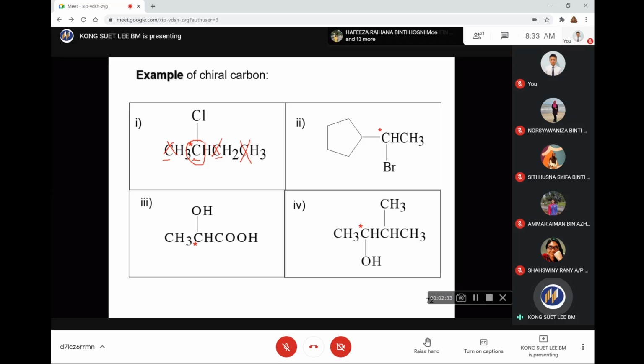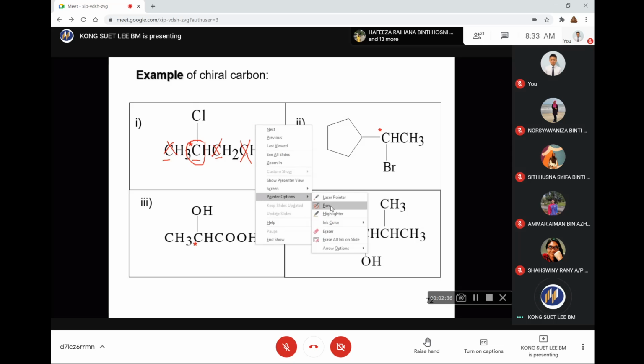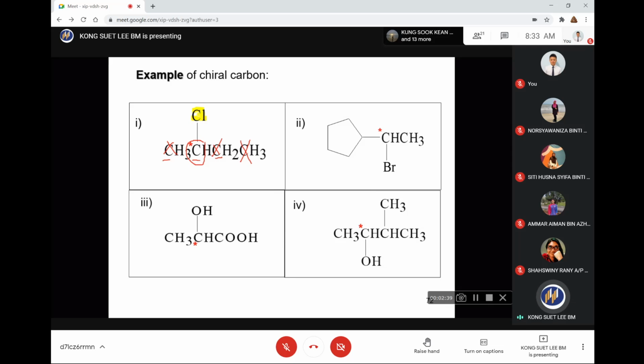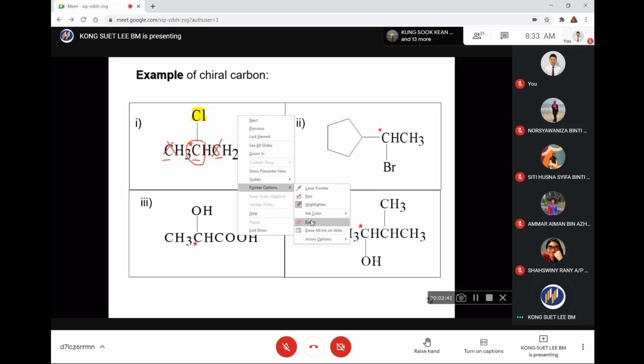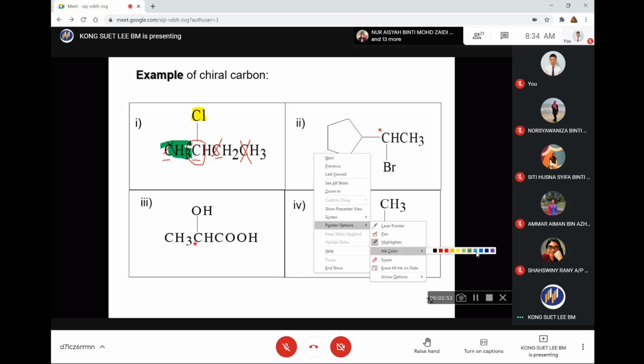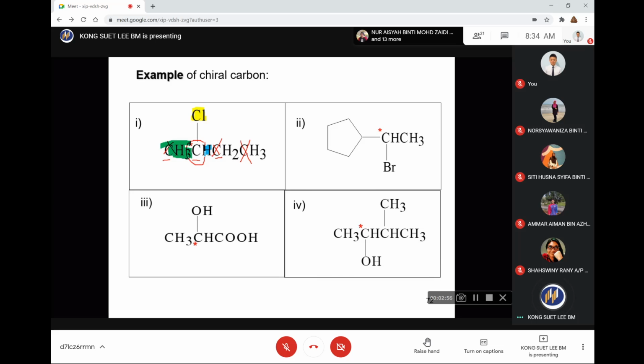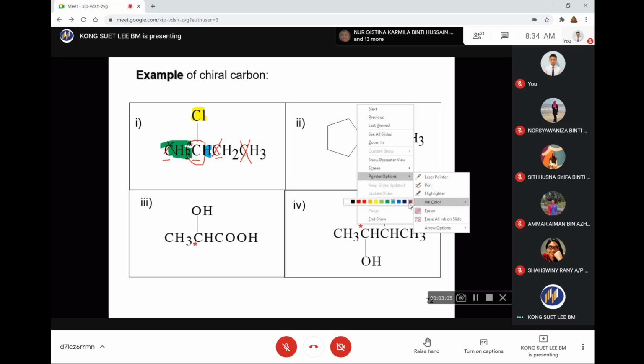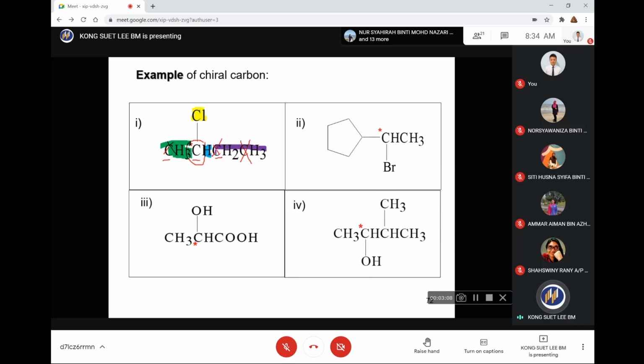Only this one is a chiral carbon, because it is attached first with chlorine, then CH3, then hydrogen, and then CH2CH3. So 4 different groups are attached to it. Clear?